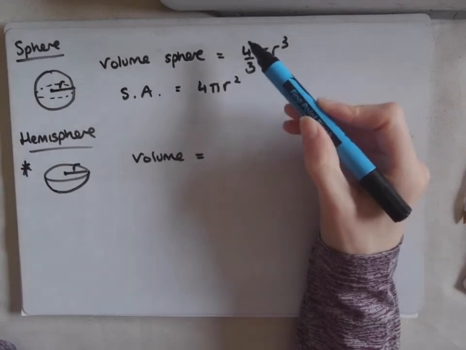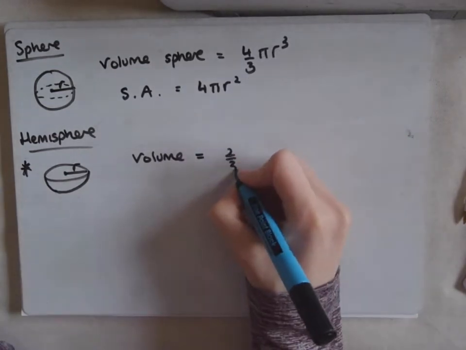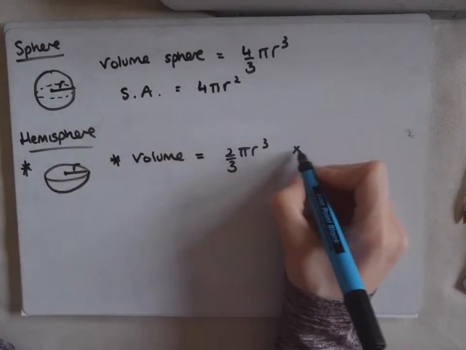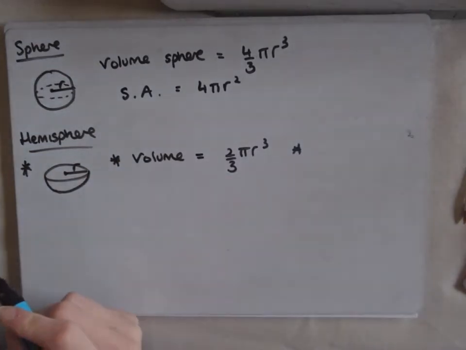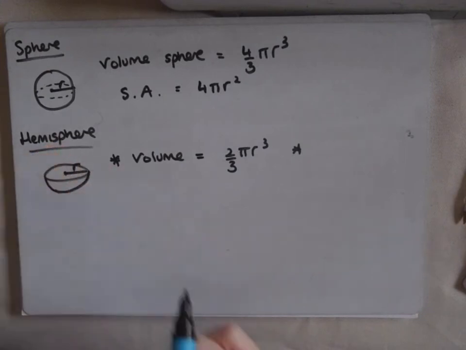So instead of it being 4/3, it's going to be 2/3, okay? Now you've got a surface area of a hemisphere as well.